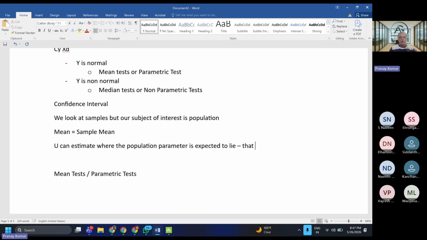That range is referred to as confidence interval. Everyone with me?